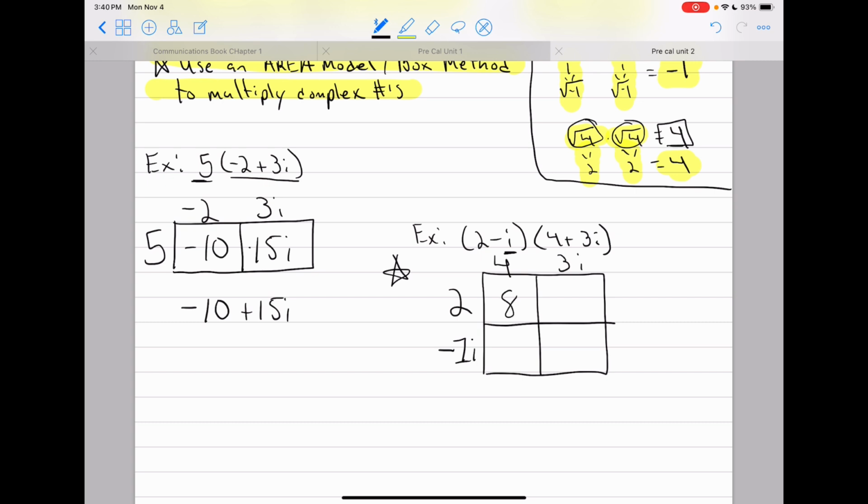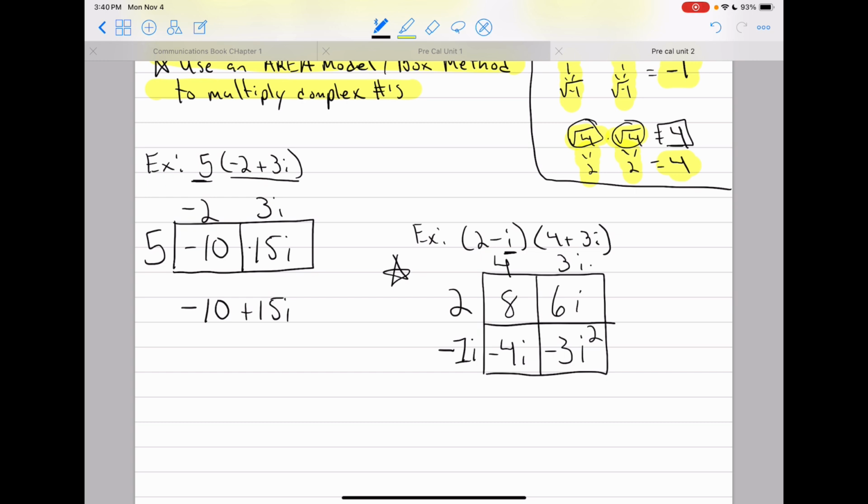Well, 2 times 4 is 8. 2 times 3 is 6i. 4 times negative 1 is negative 4i. And negative 1 times 3 is negative 3, and i times i is i squared.